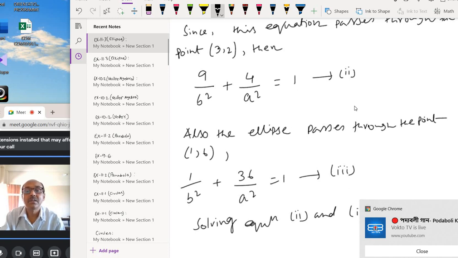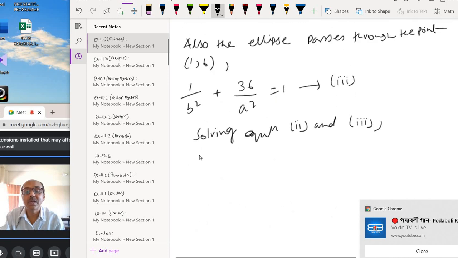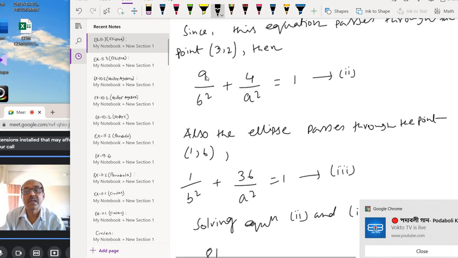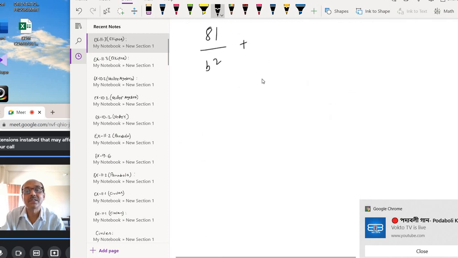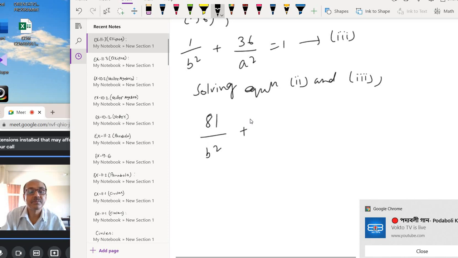We get 9 into 9, 81 by b square, plus 4 into 9, 36 by a square equal to 1 into 9, that is 9.